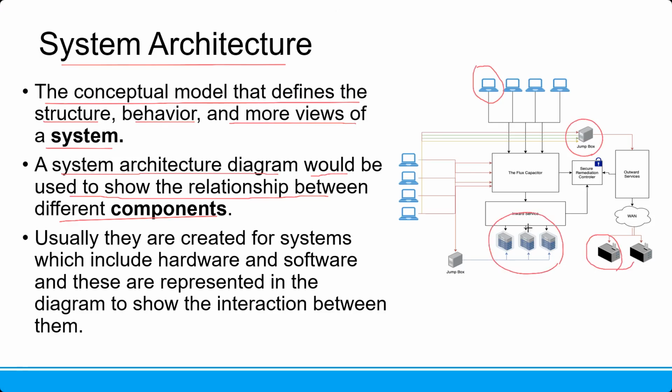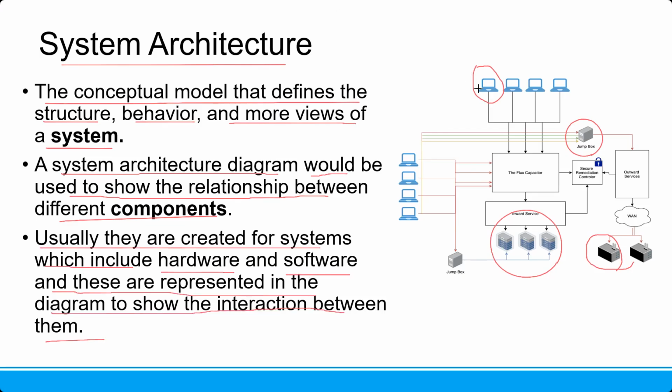Maybe this is the big computing room, and so on. So this is one example of system architecture. Usually they are created for systems which include hardware and software, and these are represented in the diagram to show the interaction between them.